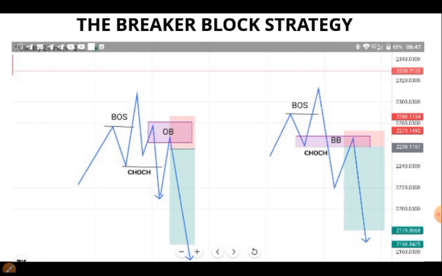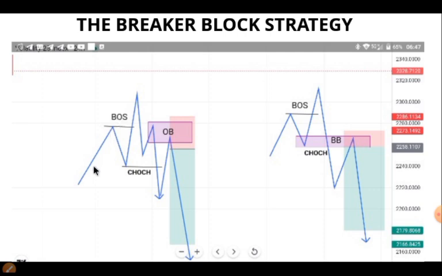I'm not going to be explaining much about market structure again. Basically, when you're talking about market structure, there are two things that we have. Number one is break of structure. That's when price is breaking structure in the original direction of the price.